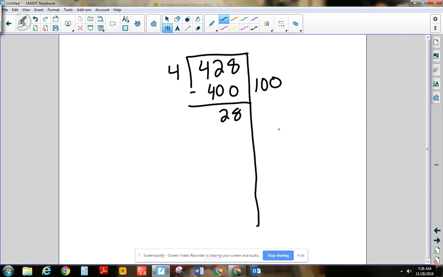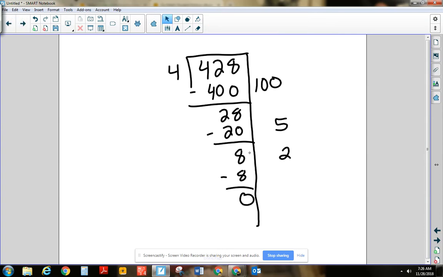Well, let's just do 5, because I know that 5 times 4 is 20. I would have 8 left. How many 4's fit into 8? Well, 2 of them, because 2 times 4 is 8. And I have 0 left over. So my quotient would be 107.